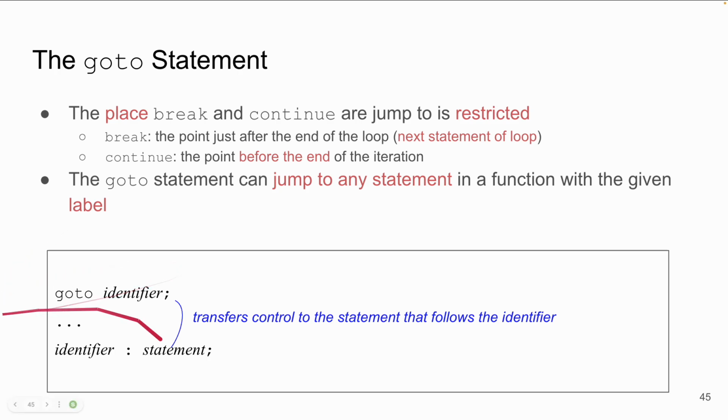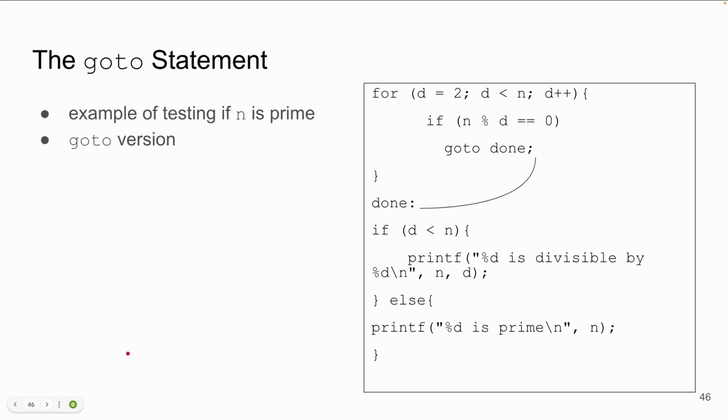So here is the general form of the goto statement. You just write down goto here to indicate where your program wants to go, and then you need to put your identifier, your label, somewhere in your code in the same function. When the program runs goto identifier, your program will transfer the control to the statement where you put the label. Let's check out one example here.